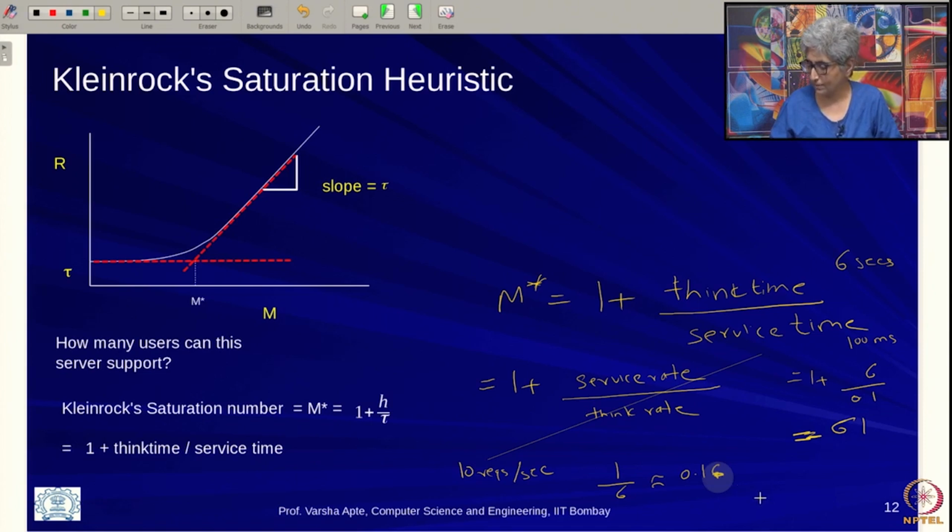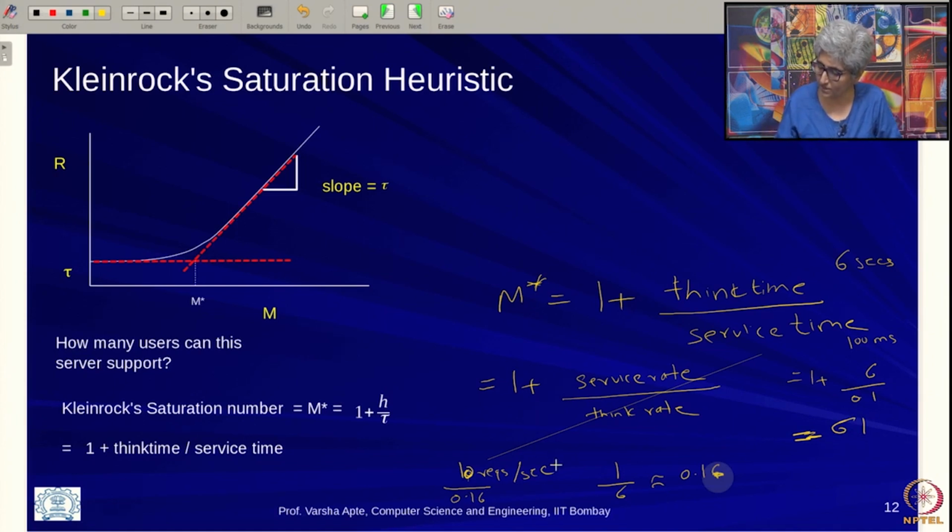Okay. So, in a way you are taking 10, which is the total rate at which this server can go, and dividing it by the rate at which each user can go if response time could be very fast. This is the maximum at which one user can go if there was instantaneous response from the server. The user would just issue requests at the rate that the user can think, right.